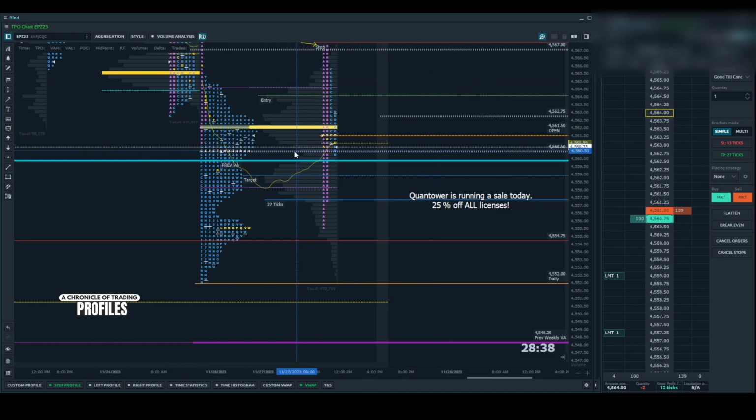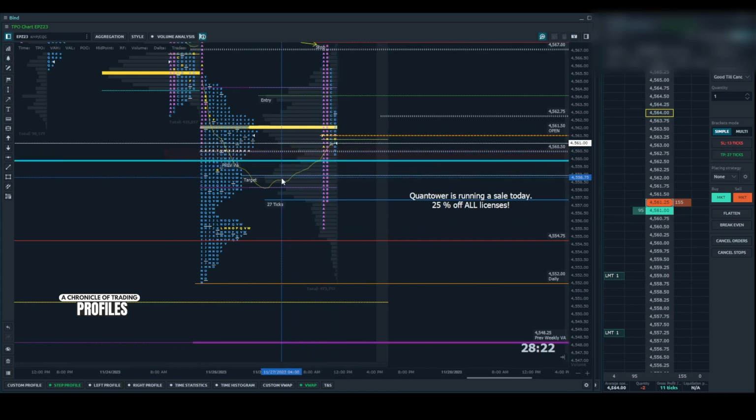Now we need to get through this. You can see this volume profile. There's a low volume node right here, so we need to get through that. If we can get through this, that'll take us down into this node, which should take us right to our first target here at the 59.